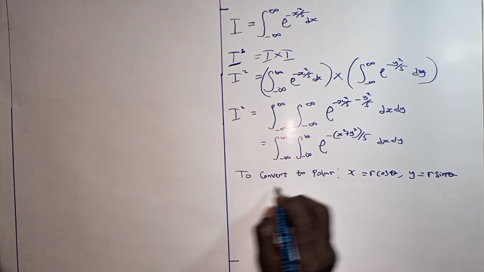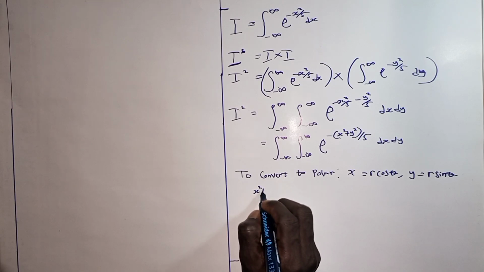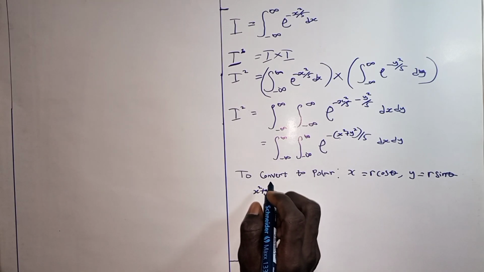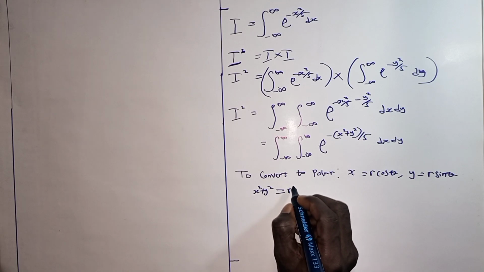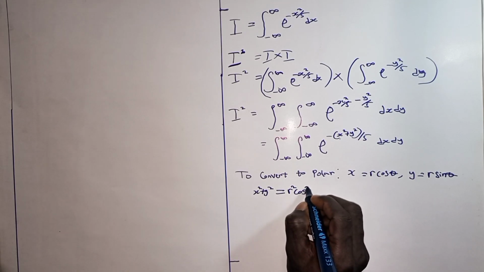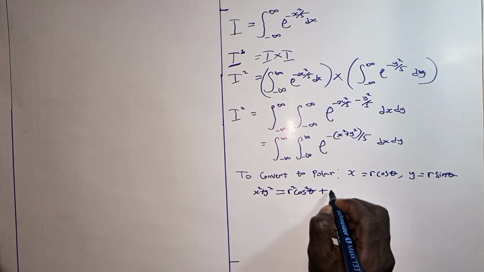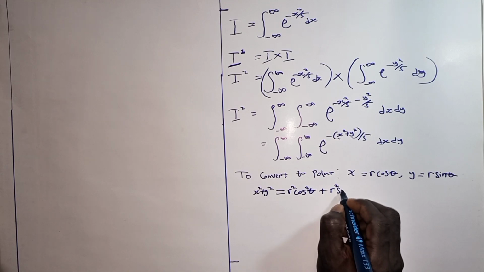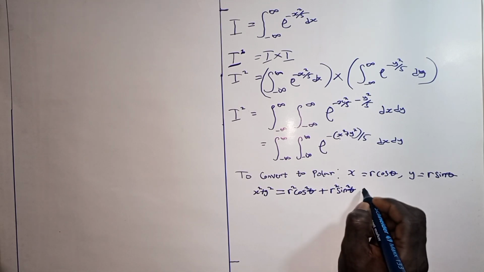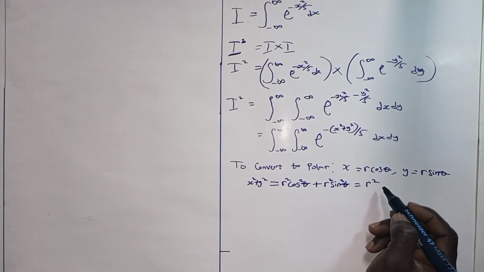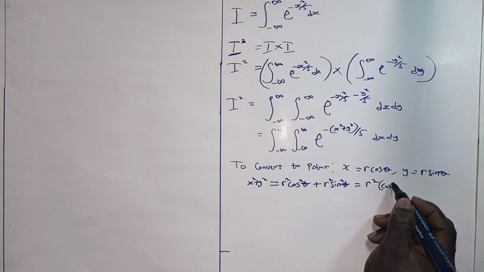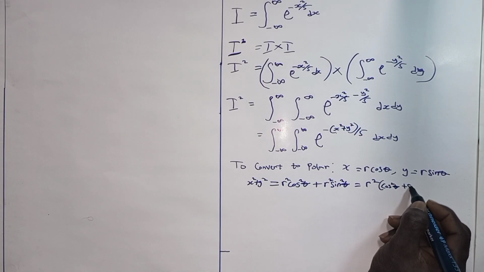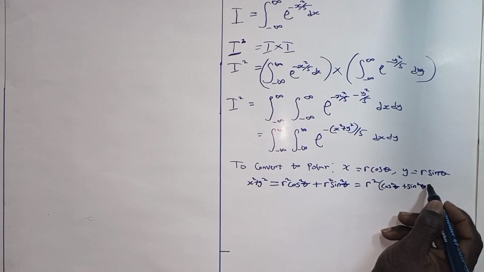Then let's solve this. It equals r squared times the bracket cos squared theta plus sin squared theta.